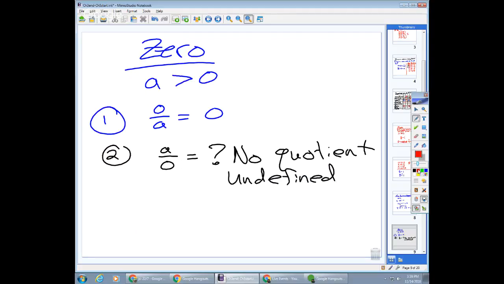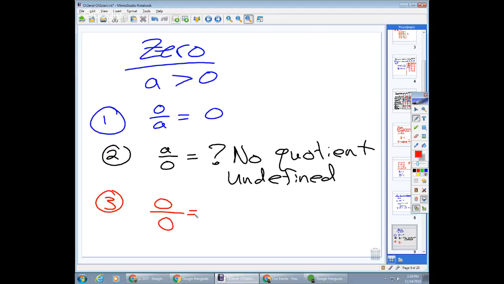Zero divided by 0, however, is a whole different animal. Because there are many possible quotients here, all with the same remainder. The remainder is always 0. But there's too many quotients, and the definition says it can only be 1.